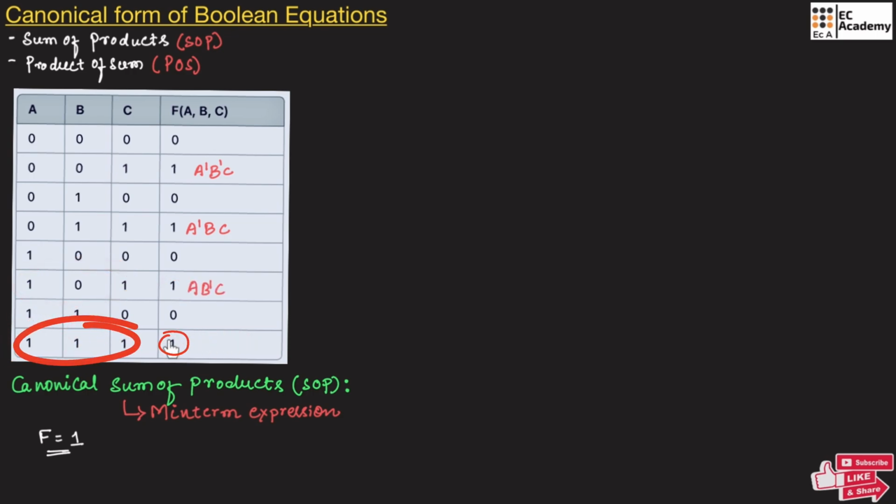Finally, in the last row we are having output as 1 for a is equal to 1, b is equal to 1 and c is equal to 1. So we can write minterm as a, b and c.